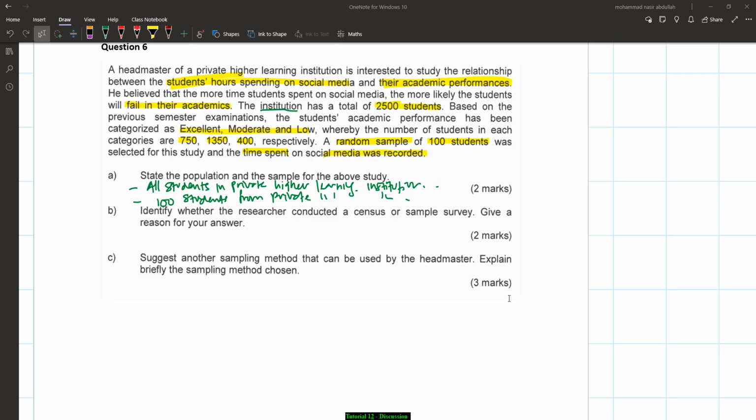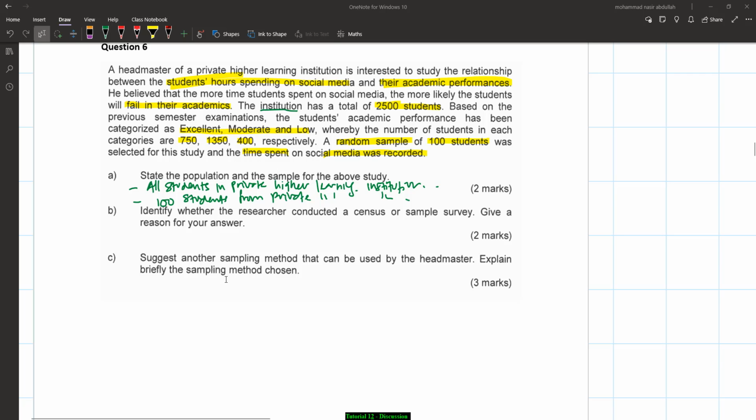To explain briefly, you can state the reason I mentioned earlier about the excellent, moderate, and low groups.